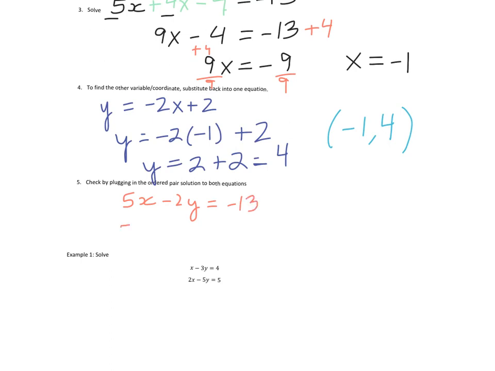So negative 1 for x and 4 for y. All right, negative 5 minus 8. Negative 5 minus 8 is negative 13. So we know we did this correctly, so we're good to go.